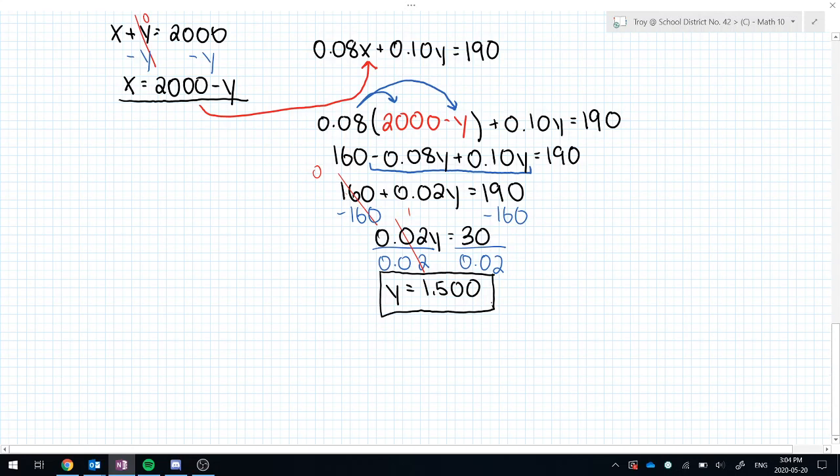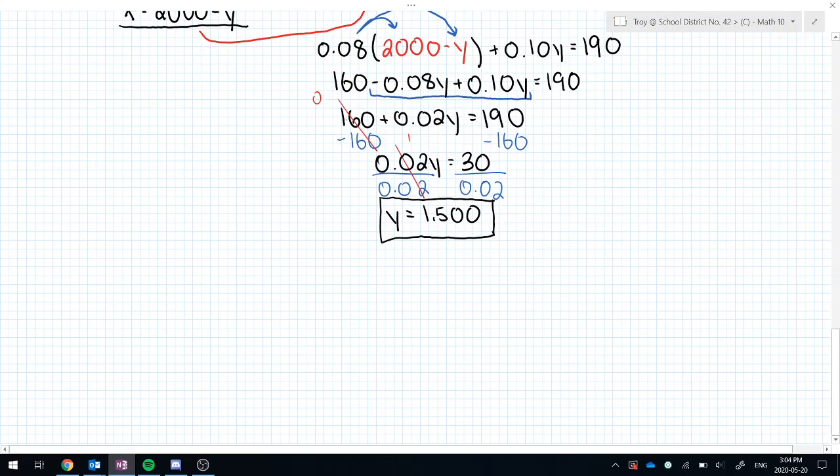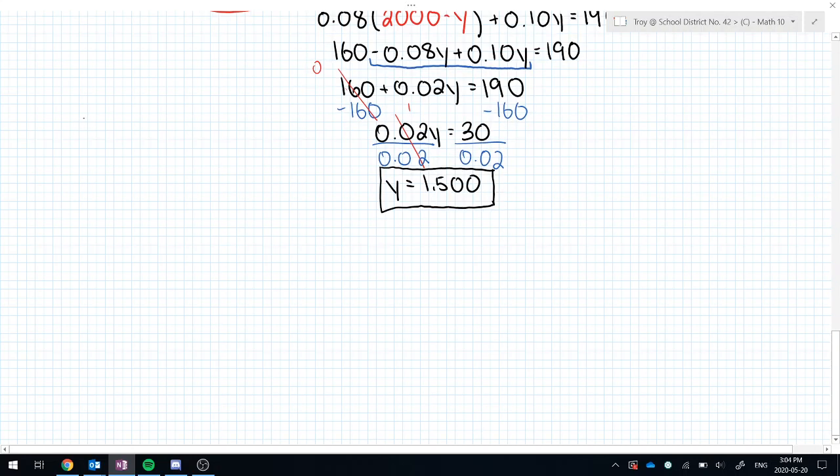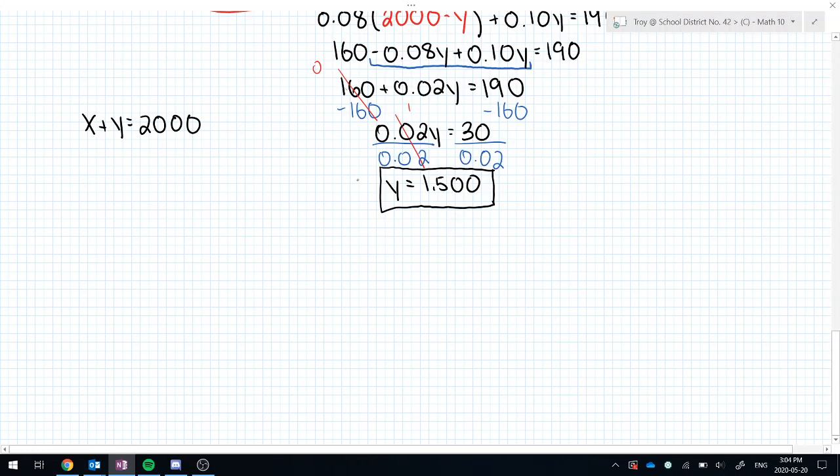Okay, so now all I have to do is take that value for y and put it into any equation that we had in the system to find x. So we may as well use the easier one without all the decimals. Okay, so we'll take our x plus y equals 2,000 and make our substitution here. So we have y equals 1,500. So we'll make our substitution for the y.